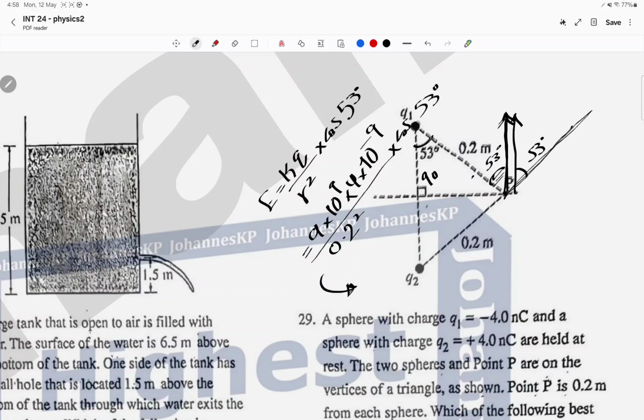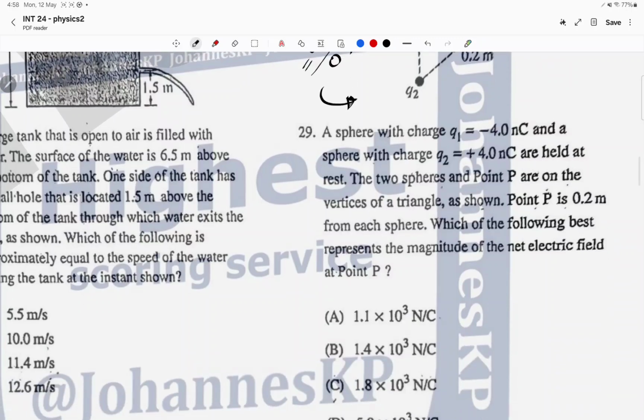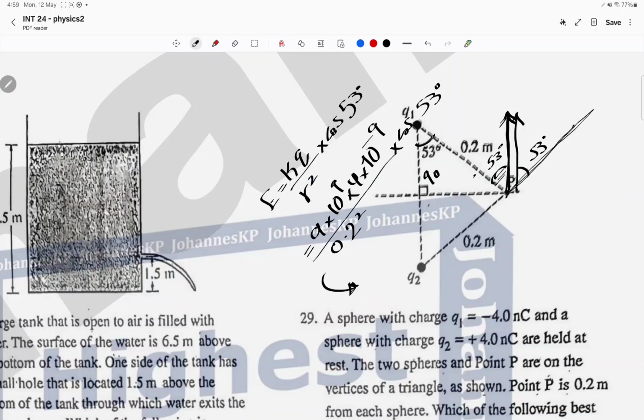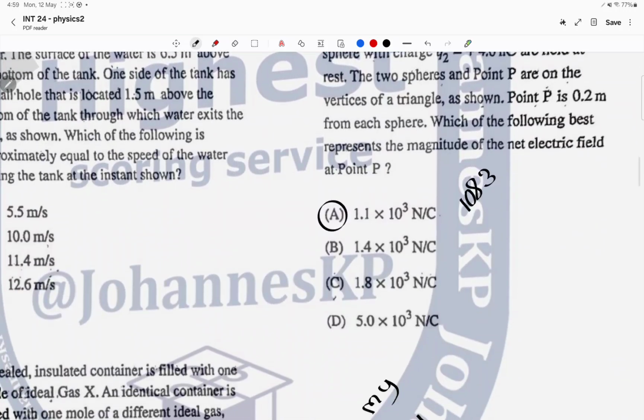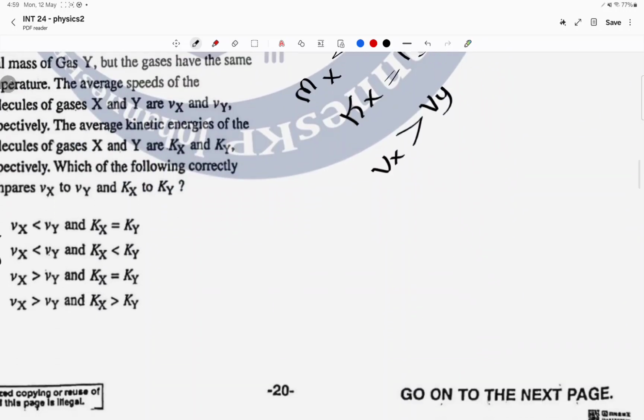Did you get the same thing? One second. I got 1083. I got 1800. I mean, that's not right. Wait, how'd you do that? If you don't put the cosine, you get that. We must put the cosine.